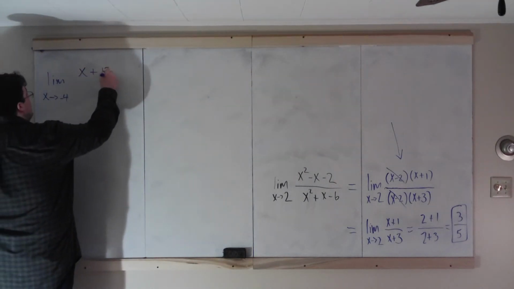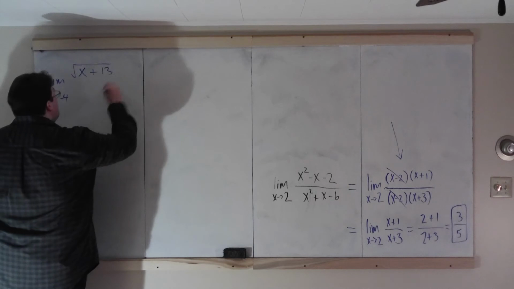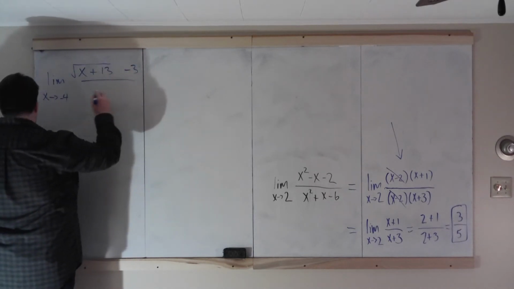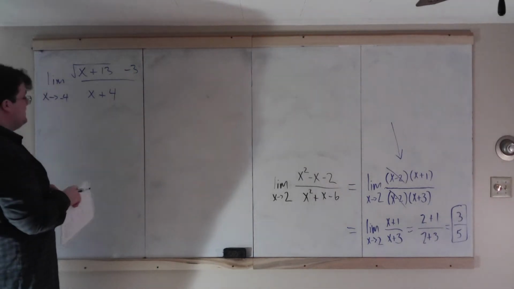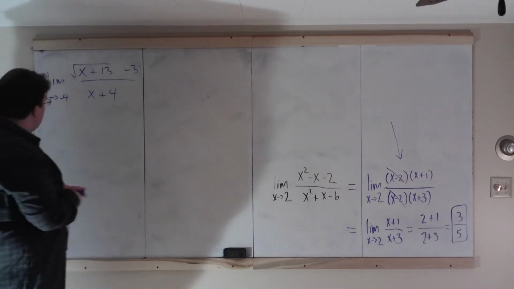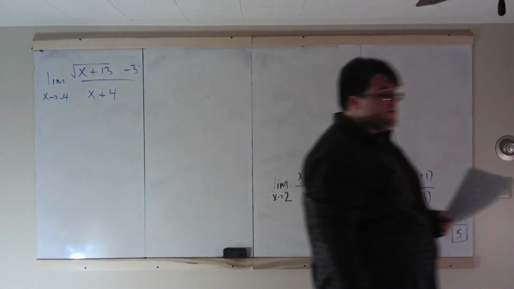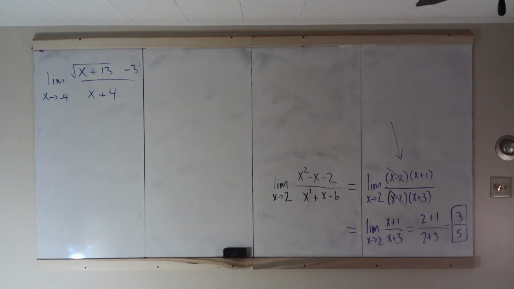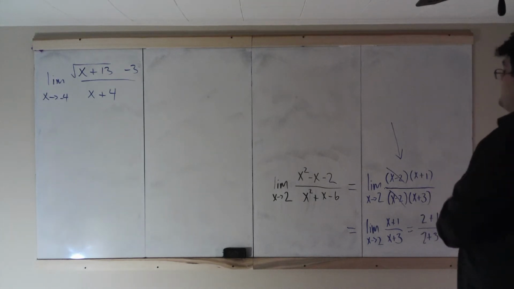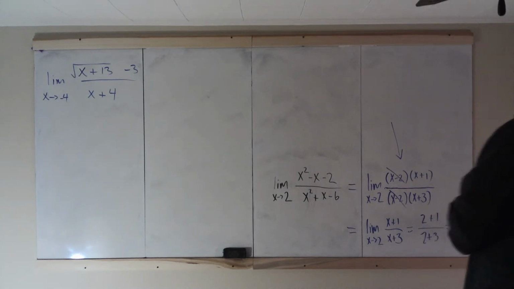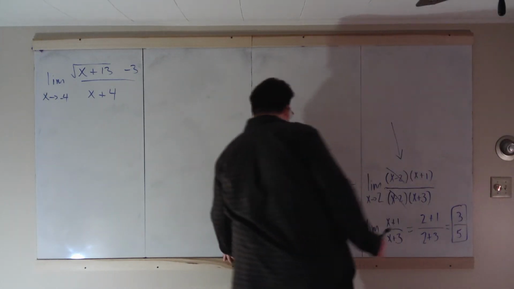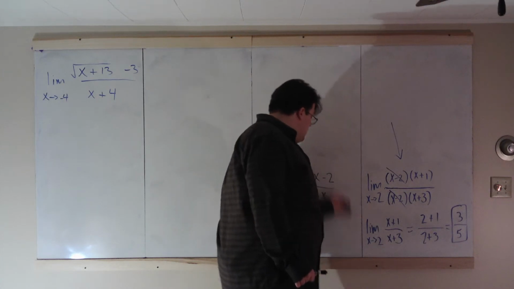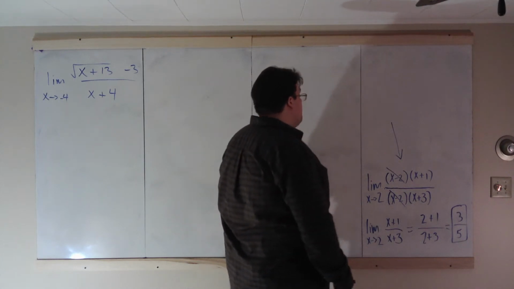Well, let me write the next question while you ponder. Did we say 0 divided by 0 is 1? I'm going to tell you right now, 0 divided by 0 is not 1. 0 divided by 0 is not defined. So did we use a fact, in quotes, that 0 divided by 0 is 1? Well, the answer is no, we didn't.